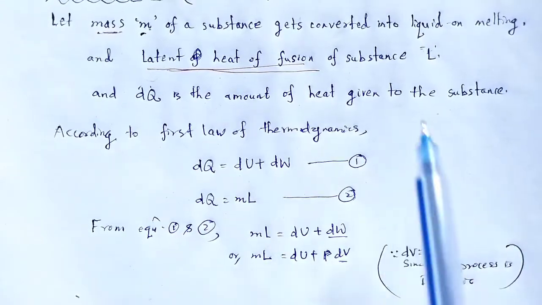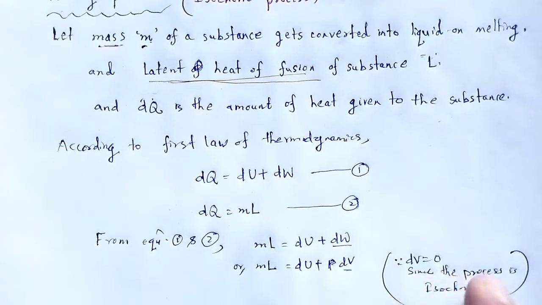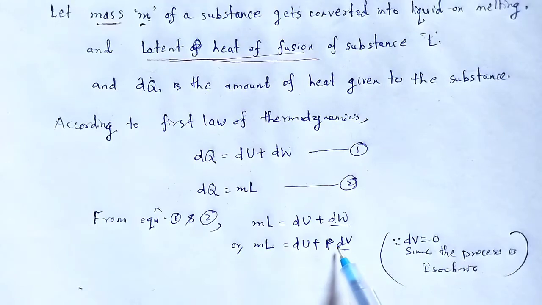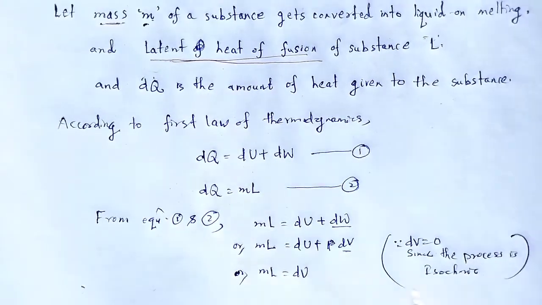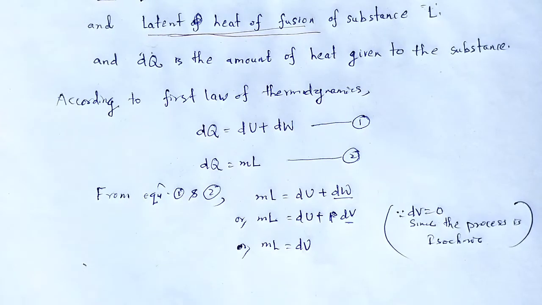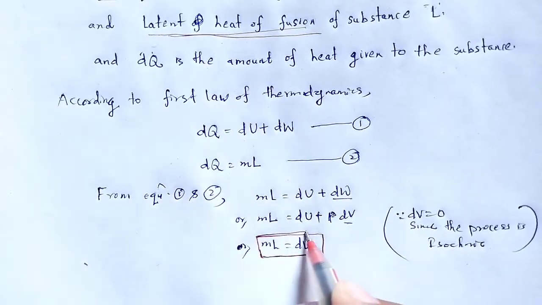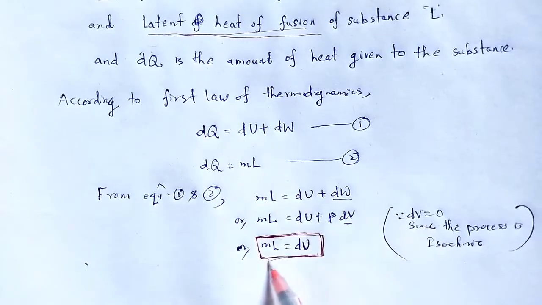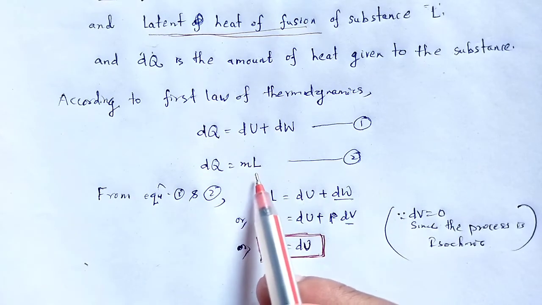The process is isochoric, so the volume is constant and the change in volume will be 0. That term will be 0, or mL is equal to dU. Look here, dU means the change in internal energy, which is the same as mL. mL means the heat supplied to the system.